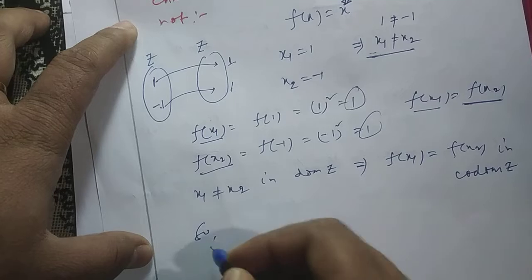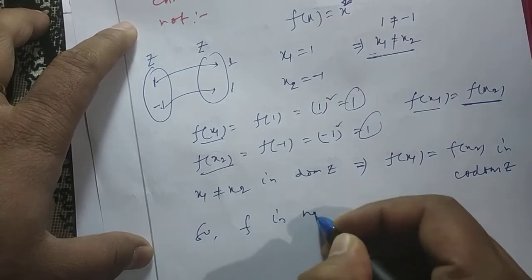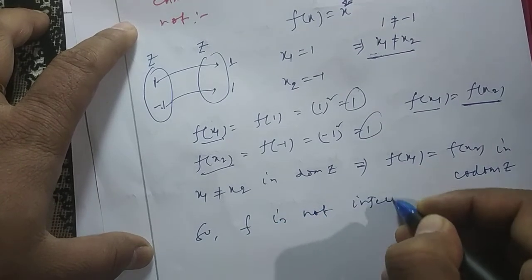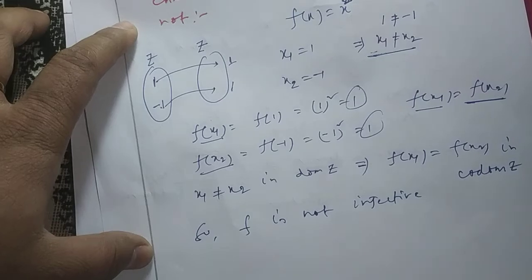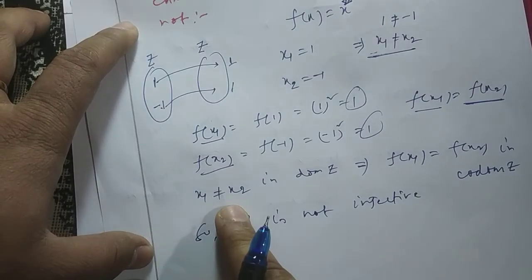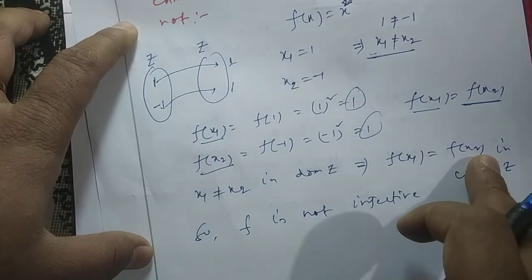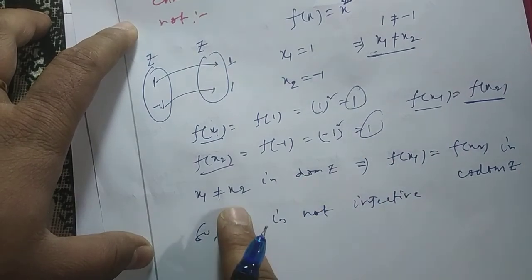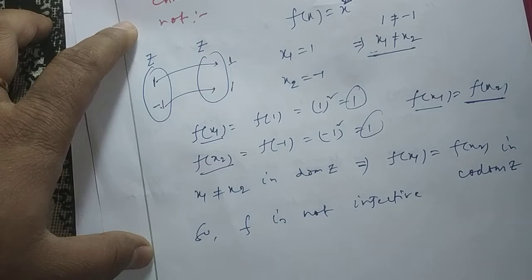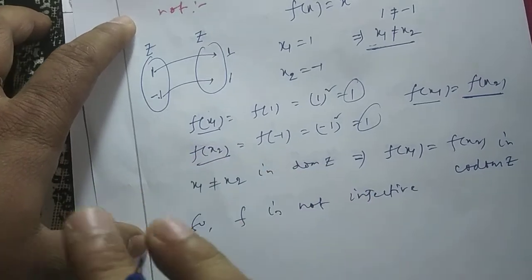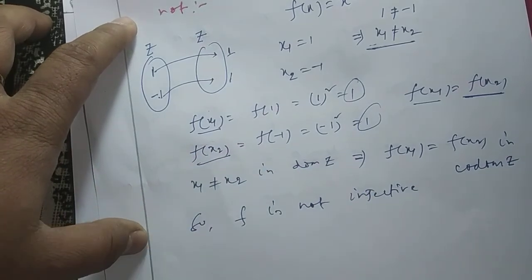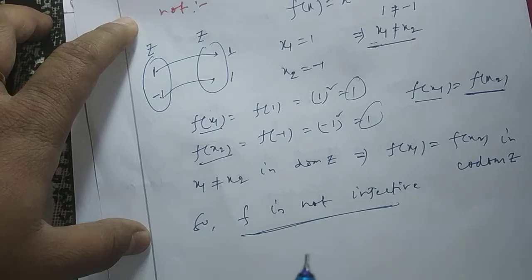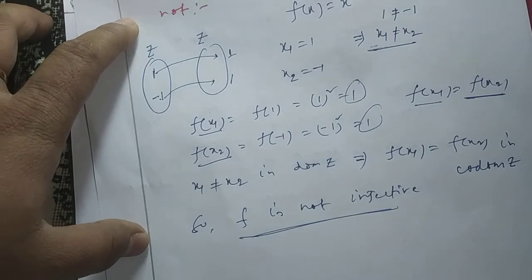That's why we can say f is not injective in this case. Understood or not? Eventually we are getting the same images in codomain Z, although we have chosen different elements in domain Z. Simply it is violating method 1. That's why it is not injective. Understood or not?